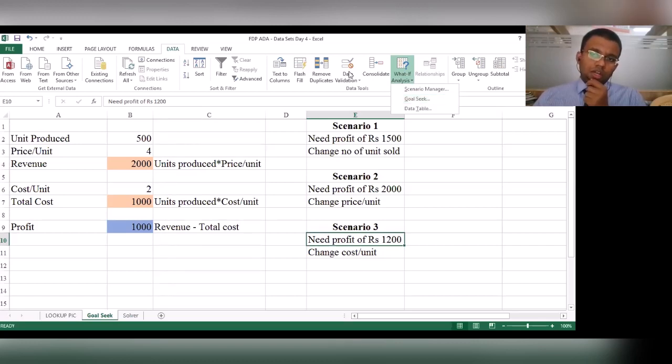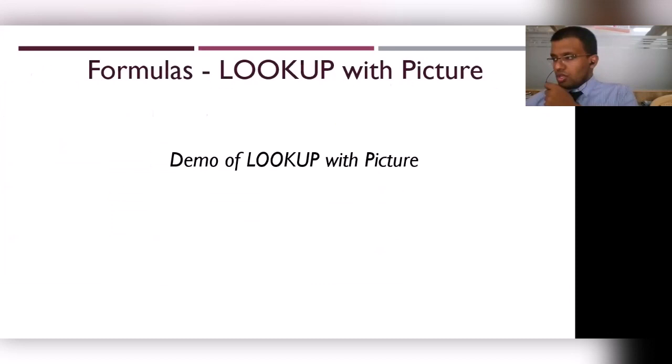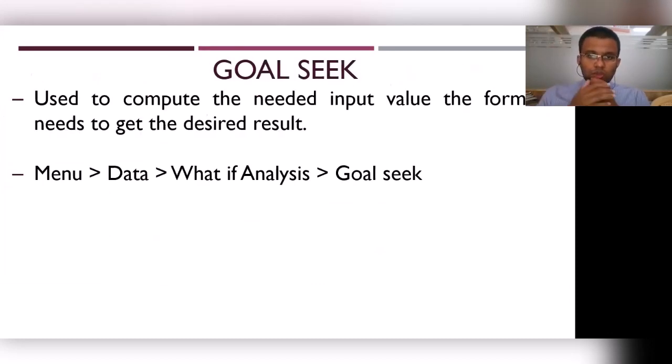Let's now talk about the scenarios where we have to use goal seek. We would be using goal seek in order to compute the input value to get a desired result. For example, it's something like this: 2 plus dash is equal to 4.